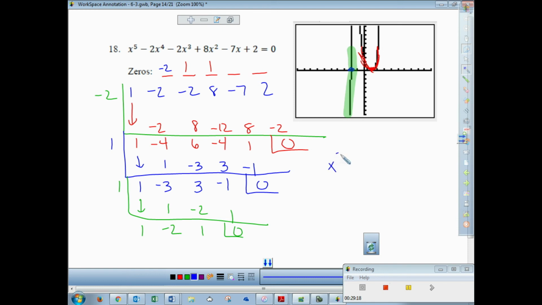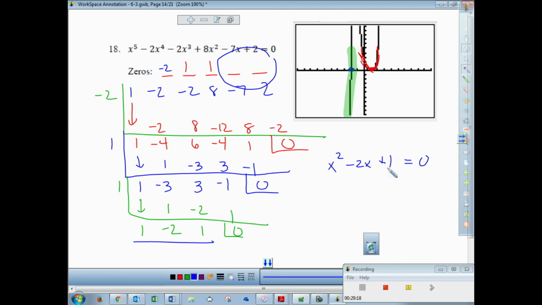You should be left with x squared minus 2x plus 1, and you want to find when that equals 0. You could complete the square. You could use the quadratic formula. Or, since we have a suspicion that they could actually be rational, maybe it factors.